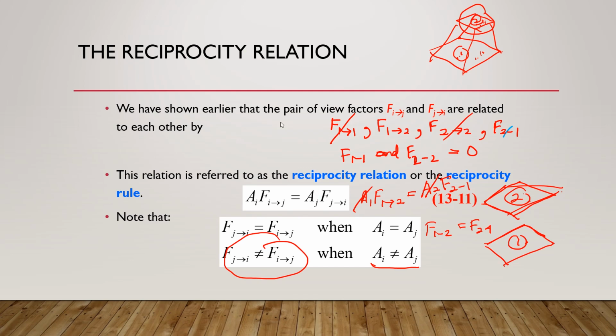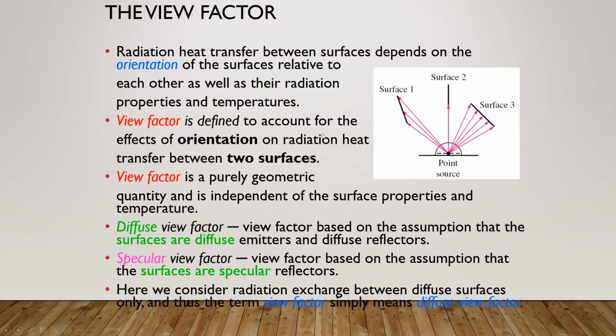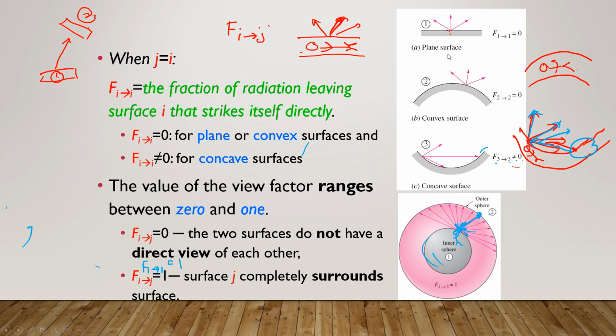For this kind of surfaces, we are dealing with plane surfaces, so F1 to 1 is equal to 0. Not necessarily F1 to 1, since in this figure we are denoting these surfaces as 1. If you denote these surfaces as 2, then the notation of the subscript changes to F2 to 2.